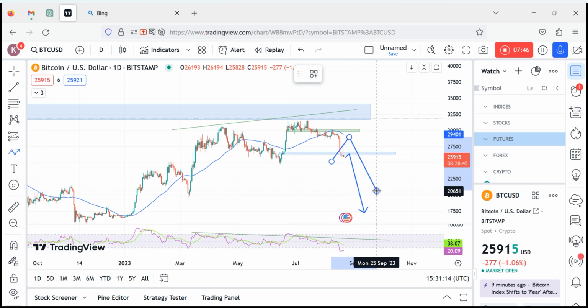So we've established that the market truly wants to come down. These are the scenarios the market will follow to come down. So let's look out for other confluences.